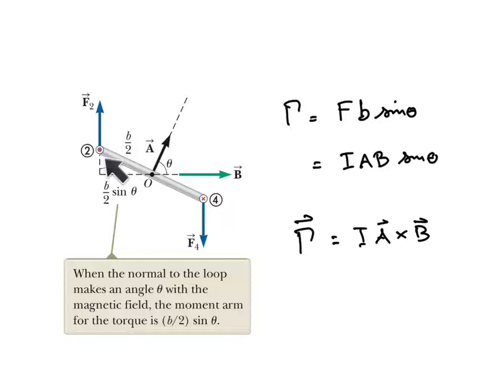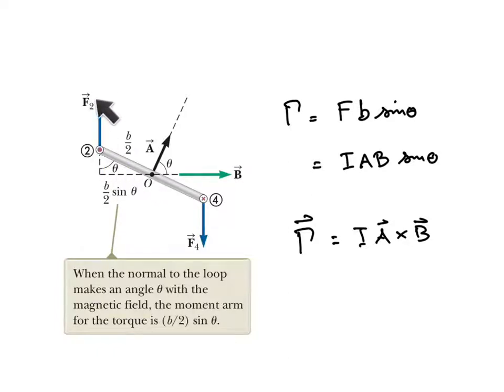Now, if the plane of the loop is not parallel to B, we still have the torque. The magnetic forces F2 and F4 are the same, but now the perpendicular distance from the axis of rotation to the line of action of the force changes.